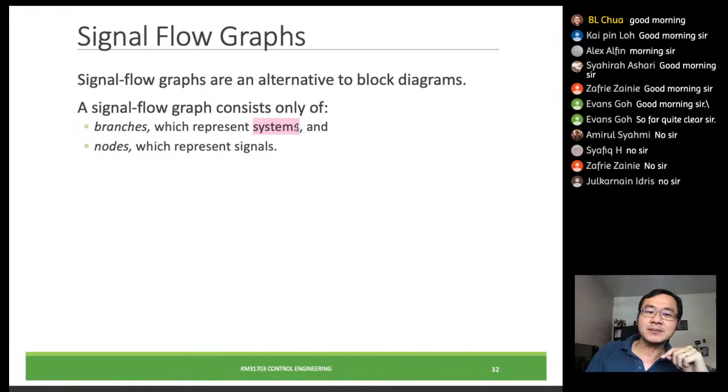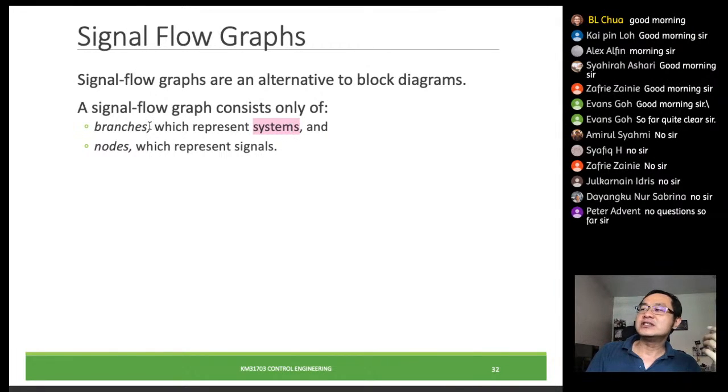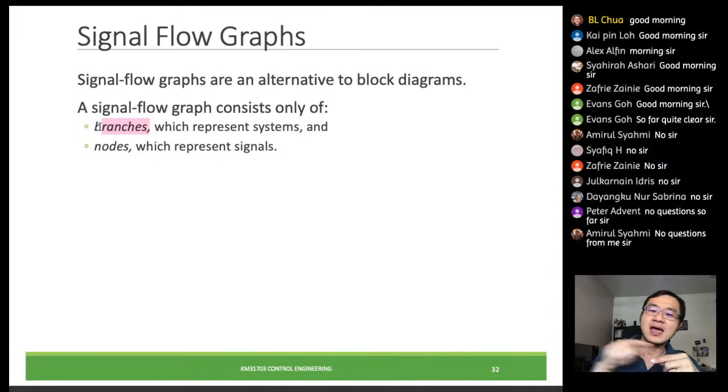Previously we used blocks to represent the system and arrows to represent the signal, but here we do not use the arrow to represent the signal.